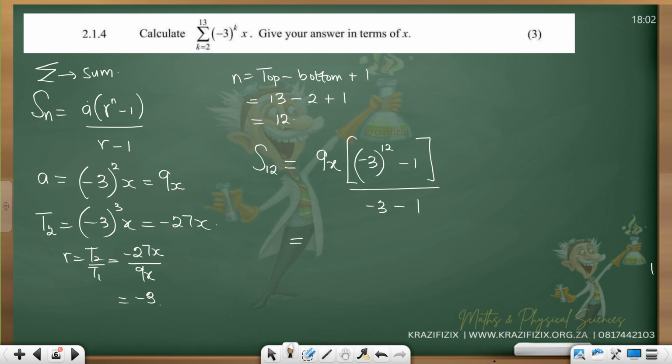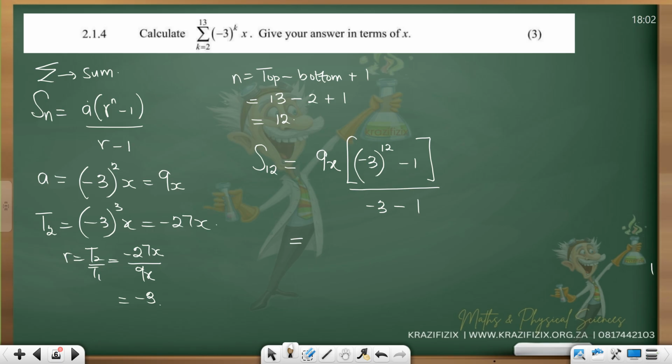Yes, Libs? Well, I don't understand how to find A. How to find? Yeah, look at the formula we wrote there. What does the formula say? Top minus bottom. What's on the top? 13. Let me show you quickly.